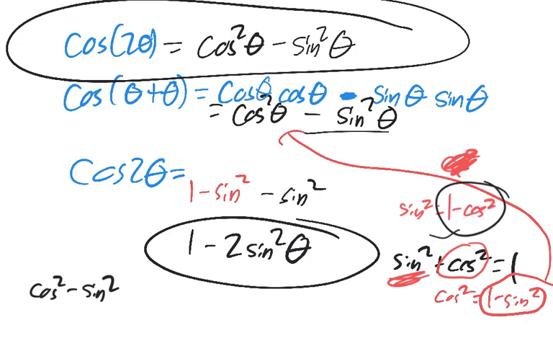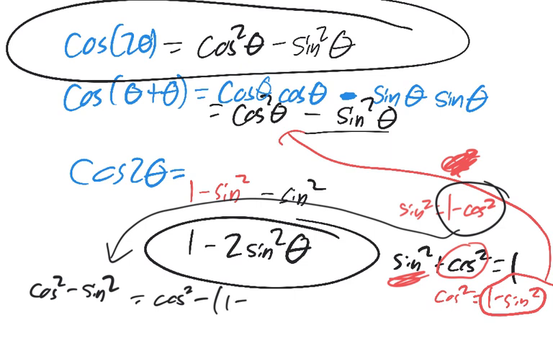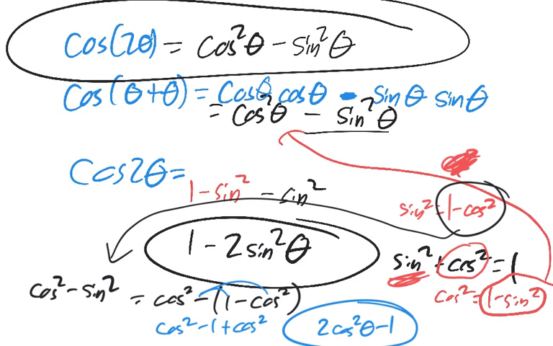So I could take this and plug it in for sine squared, which would give me cosine squared minus sine squared, but sine squared is 1 minus cosine squared, which means if I distribute the negative, this becomes cosine squared minus 1 plus cosine squared, which is 2 cosine squared minus 1.